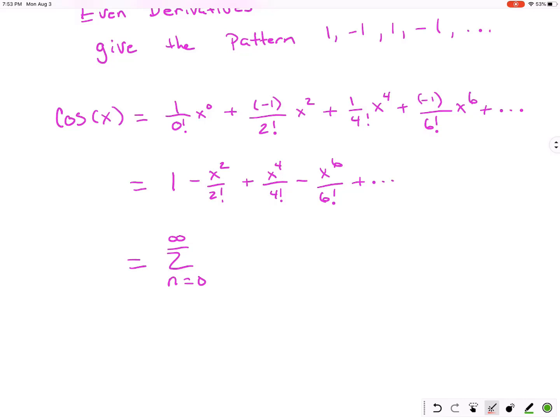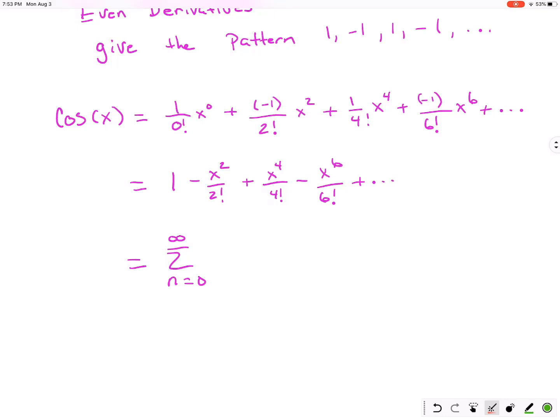And then the next even number is 2, so I have minus 1 over 2 factorial times x squared. Then the next even number I have is 4, so back to positive, 1 over 4 factorial times x to the 4th. The next even number is 6, so back to negative, minus 1 divided by 6 factorial times x to the 6, and I keep on doing that.